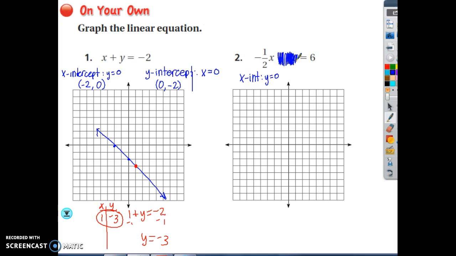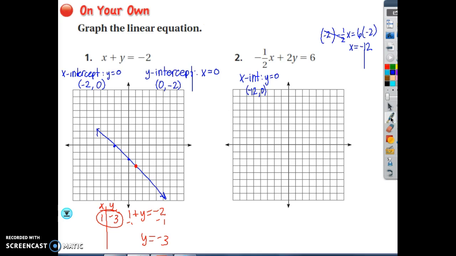So I'm going to go ahead and solve that. -1/2 x is equal to 6. I multiply by the reciprocal, which is -2, to find out that x has to equal -12. So when y is equal to 0, x is equal to -12, which means I have the point -12, 0 on my graph.